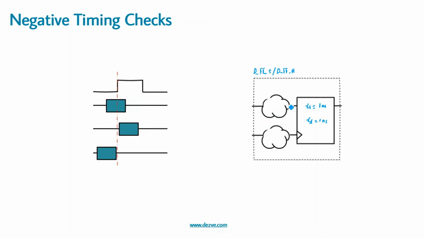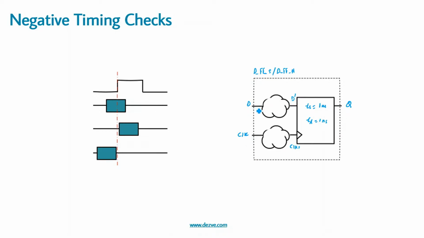Now for the nomenclature, we know from our previous example that this is D prime, this is clock prime, and the setup and hold checks are actually performed at these points, correct? And now this is our D, this is our clock, and this is our Q. So we are trying to create a flop at this dotted boundary with interfaces D, clock, and Q, correct?